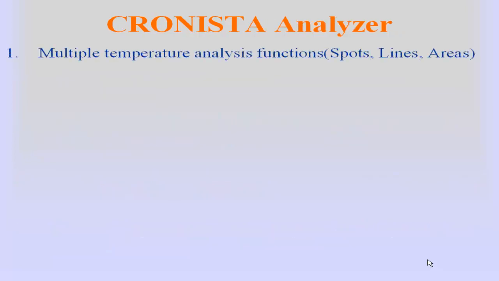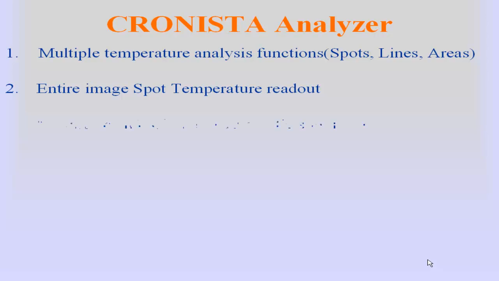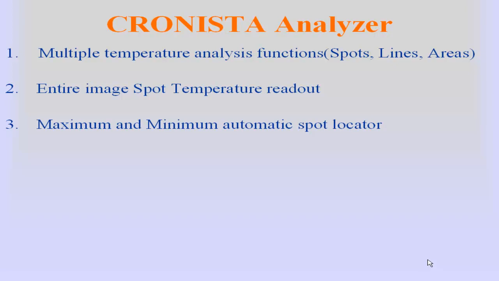In the analyzer mode, there are multiple temperature analysis functions available for each image. You can see a spot temperature anywhere in the entire image using the spot function readout. You have a maximum and minimum automatic spot locator.